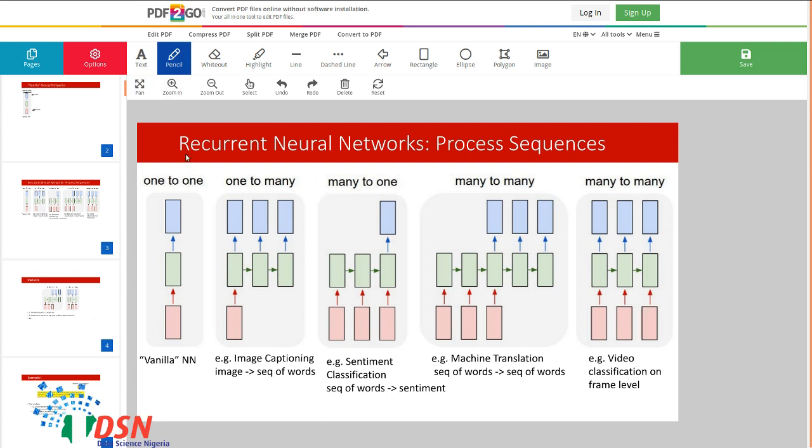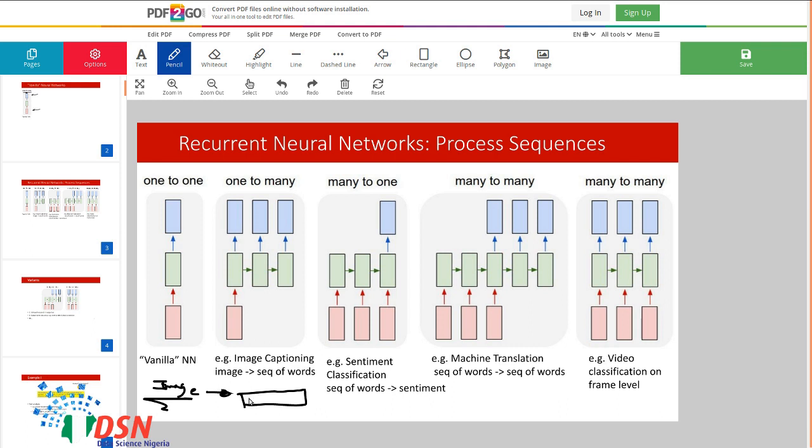When we have recurrent neural networks, they are for processing sequences, and we could imagine different tasks. For example, we could have one-to-many. Let's say you have an image, and from the image you want to do image captioning, which is in fact having a sentence about that image.